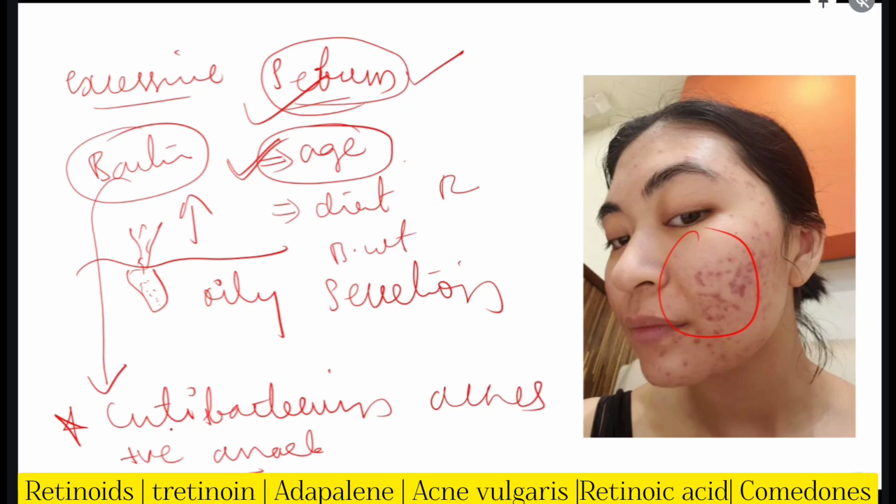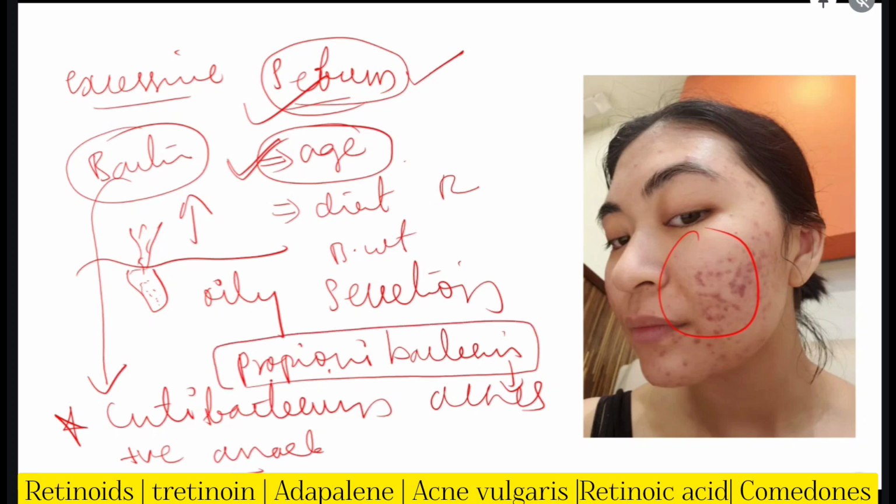Nowadays we are calling this Cutibacterium acnes. Previously it was called Propionibacterium acnes. Propionibacterium acnes is the old name, and nowadays we are calling this bacteria Cutibacterium acnes.